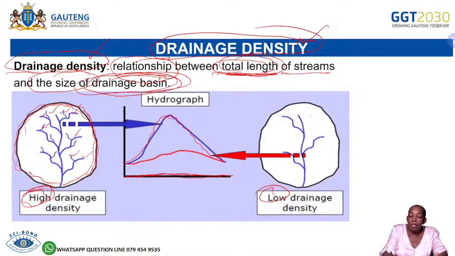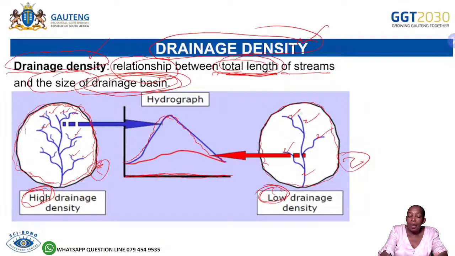But then when we look at the comparison of an area that has a low drainage density, we look at the total length of all these streams that we can identify within this drainage basin. If you are looking at the size, we can equally say that these two drainage basins are of the same size.